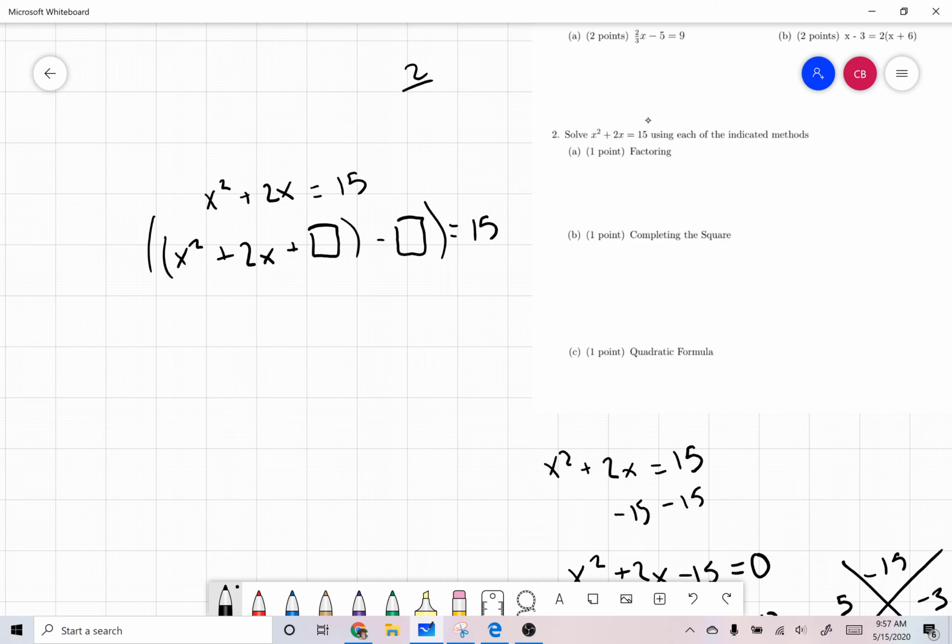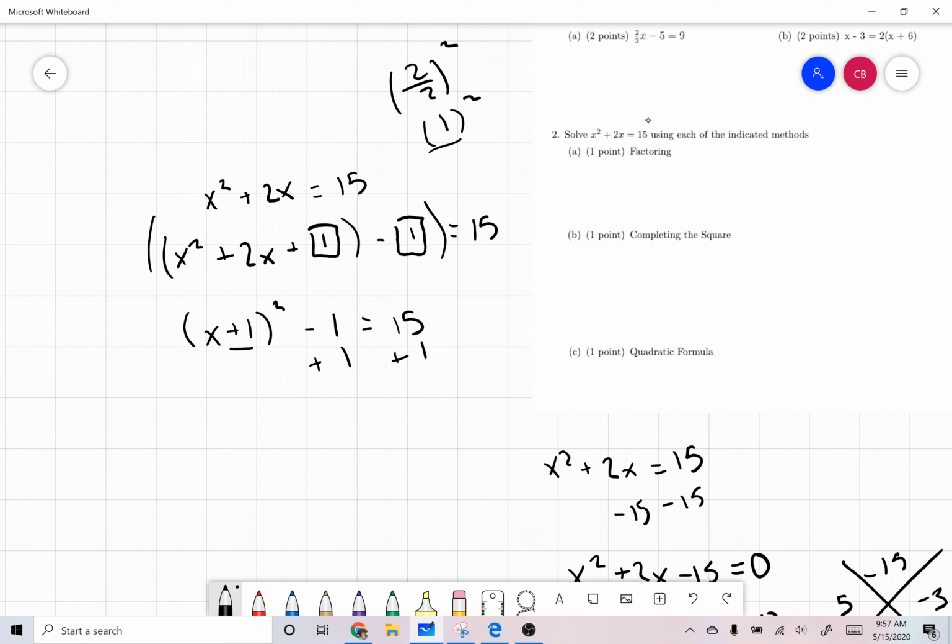We have 2 divided by 2 squared, which is going to be 1 squared. So we're adding 1 to both of these. So now we have x plus 1 squared. That's because this is positive 1. That's why this is positive 1. Minus 1 is equal to 15.